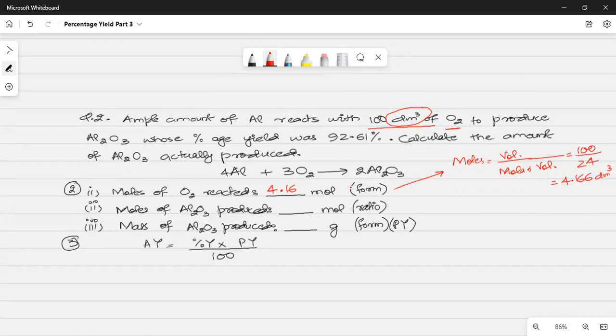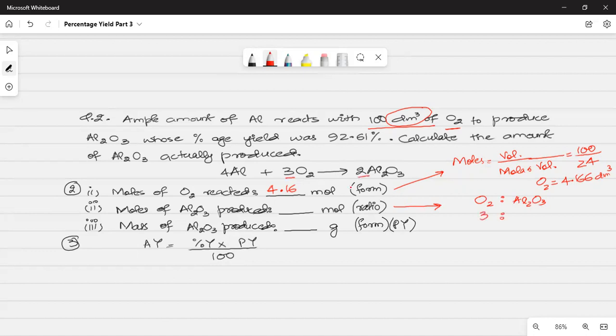Since we need the ratio of oxygen, we are going to be using this. In order to solve this part, O2 is what we have the information about, and Al2O3, as the step demands, is what we need to calculate. From the balanced chemical equation, O2 is 3, so I'm going to write it as 3 ratio.